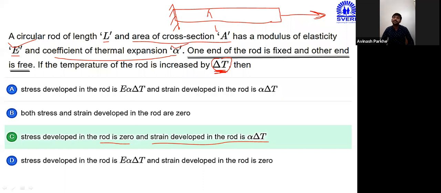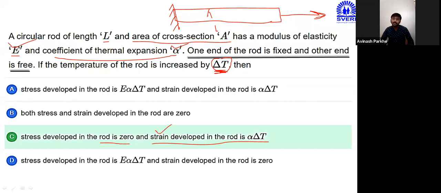But here we can say that there is only thermal expansion, and this thermal expansion is correlated with the strain value. Thermal expansion is taking place means length increases, and that increase in length is correlated with the strain only.